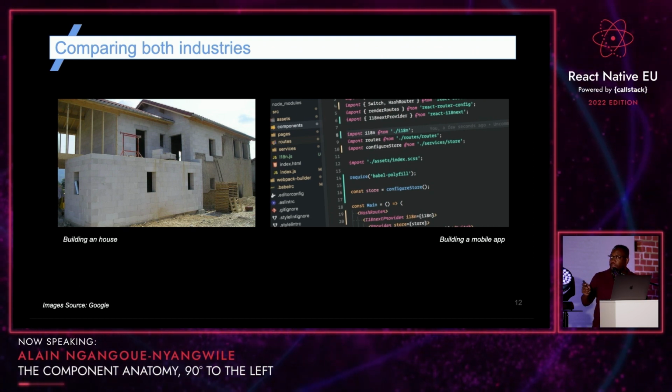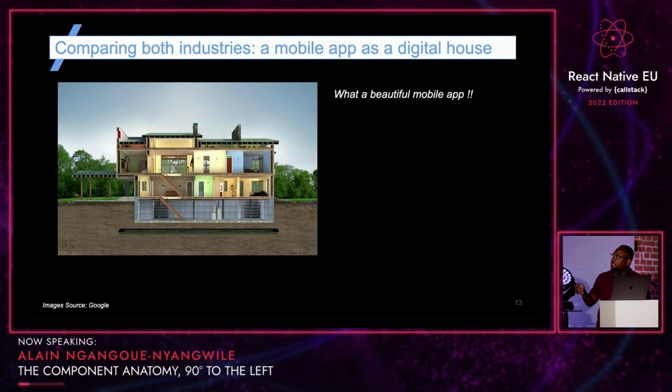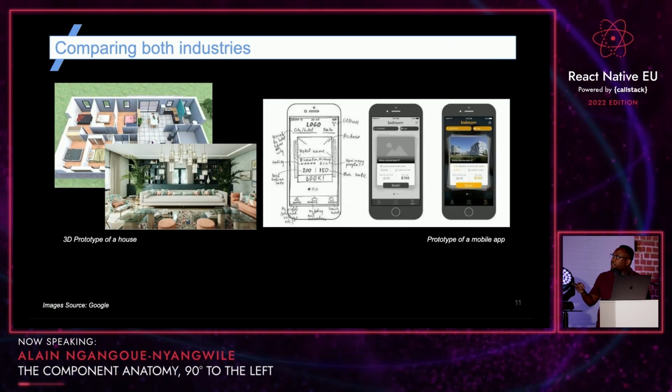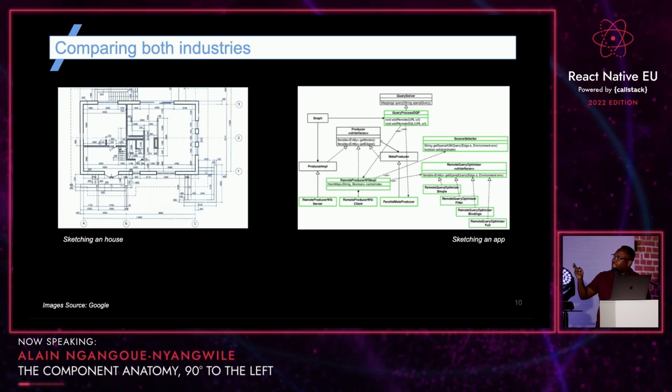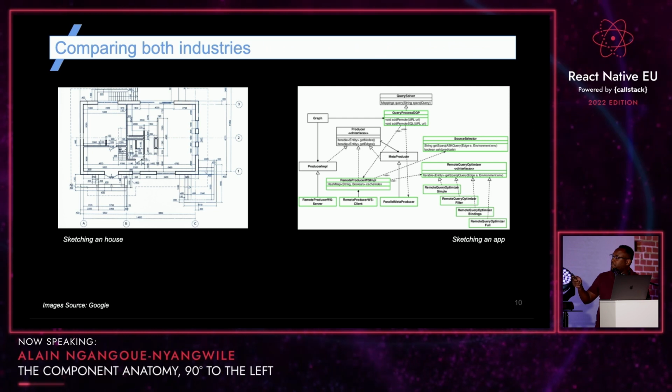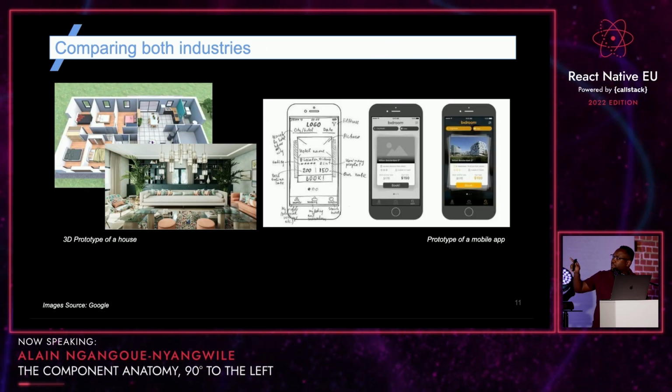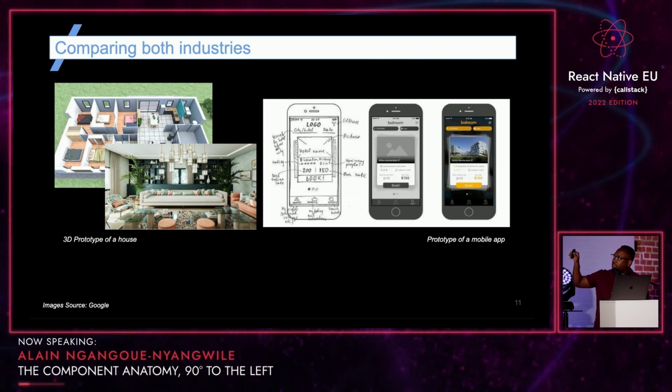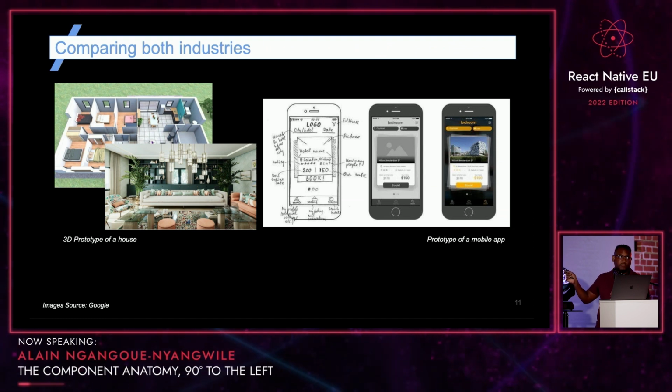But if you take a look at the construction industry, you will notice that at any moment of these three steps, you have a pretty good idea of the internal behavior of what is being done, but not in the mobile application, not in the programming industry.